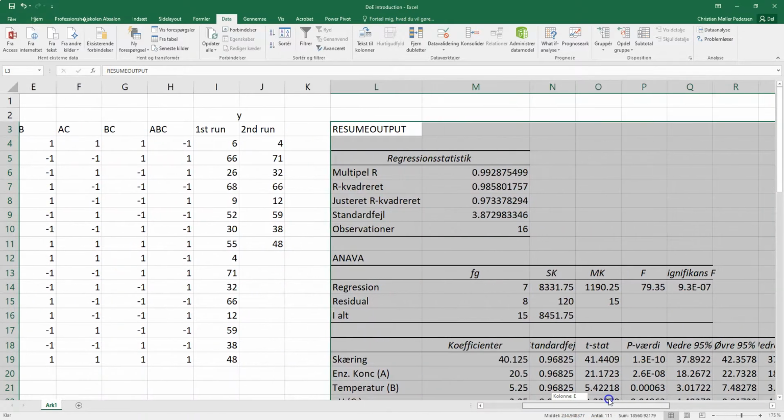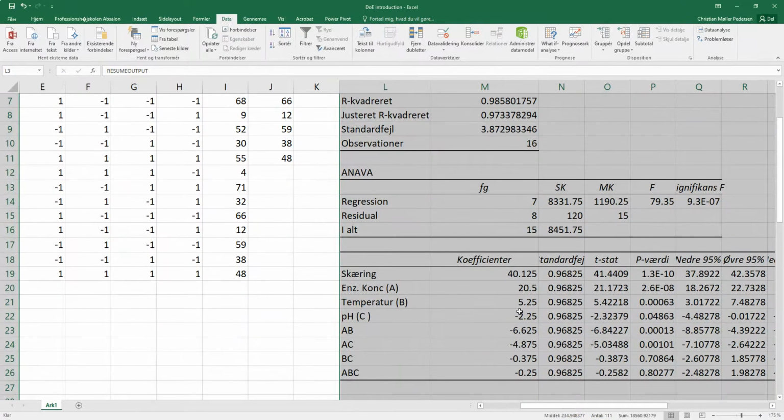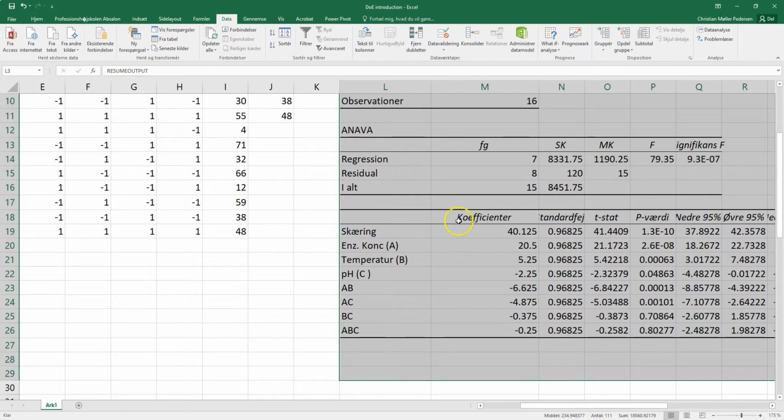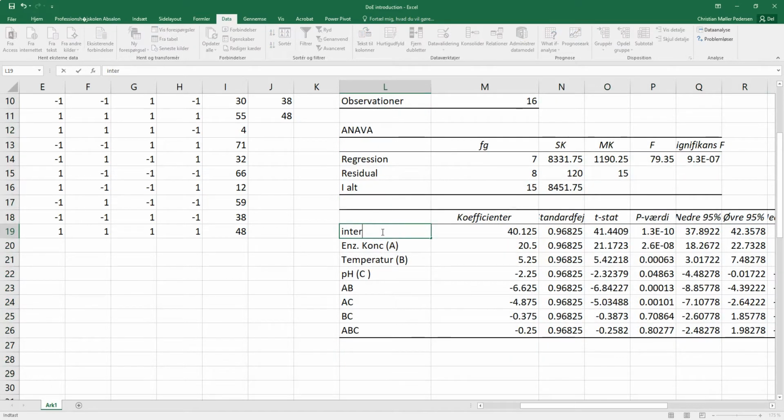So there's a lot of statistics here. For the moment, I'm just mostly interested in the coefficients here, and I'll translate the best I can. Here we have the intercept. The enzyme concentration has a coefficient of 20.5.